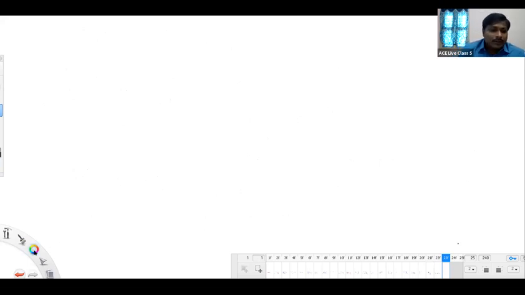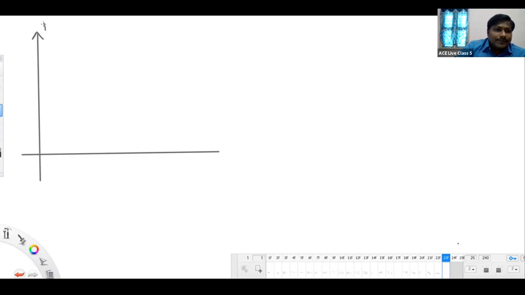I'm taking a plot with x-axis and y-axis like this. This is the field intensity, and this is the point x. Now we should take up this field distribution starting from the core surface to the sheath.